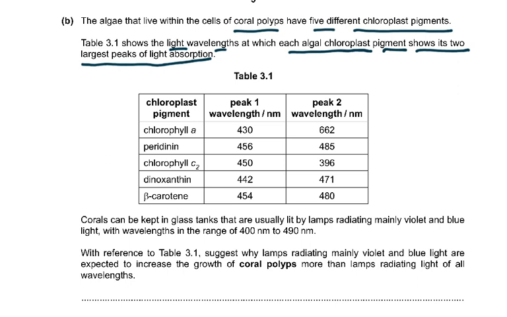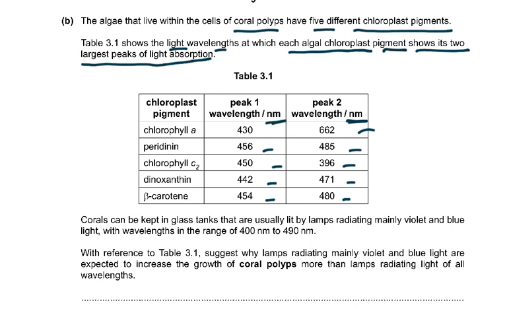Chlorophyll A is at 430 and 662. Peridinin is 456 and 485. Chlorophyll C2 is 450 and 396. Then dinoxanthin 442 and 471, and beta carotene 454 and 480 nanometers.